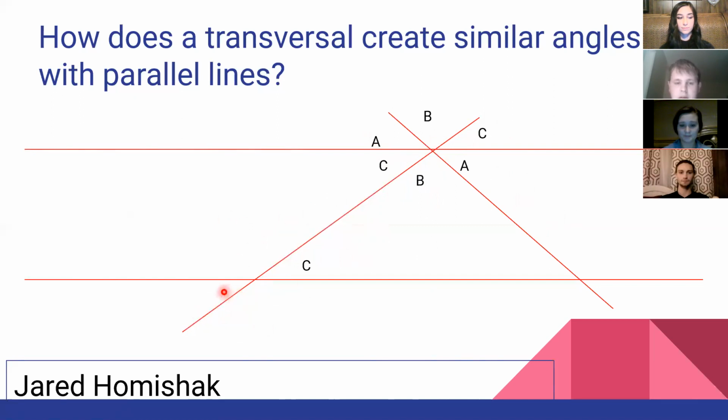As a result, angle C is going to be represented here as well, since it fits in the same pockets in the transversal. Likewise, with the line over here on the right, angle A is represented here and here. This will yet again be represented with this transversal, since this transversal has the same angle with both parallel lines.